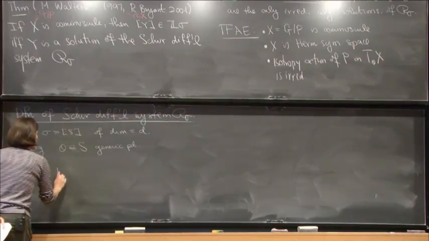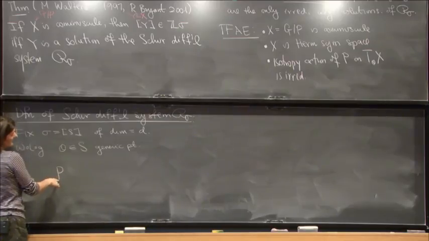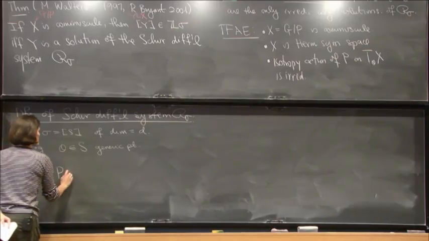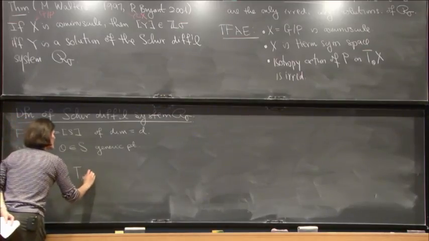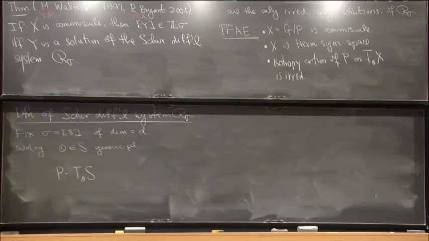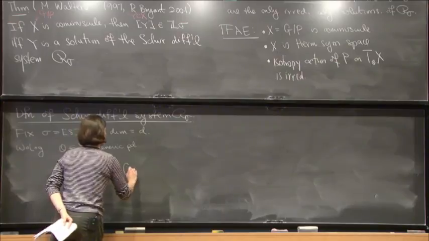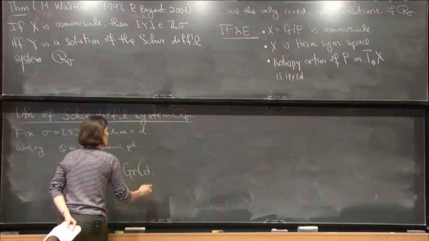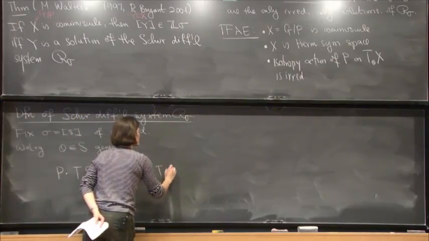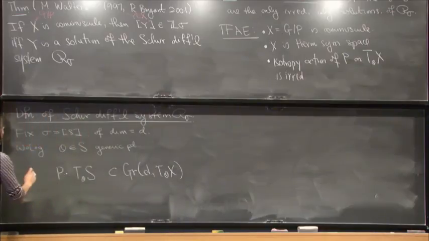I said that the stabilizer of O acts on the tangent space. So let it act on that tangent space. This will sweep out a subvariety in the Grassmannian of d-dimensional subspaces of the tangent space, and let's call that subvariety B. So we're going to take the tangent space and push it around by the isotropy action.